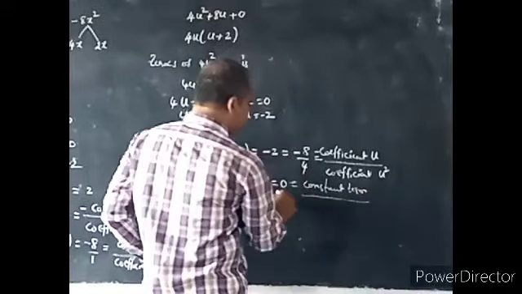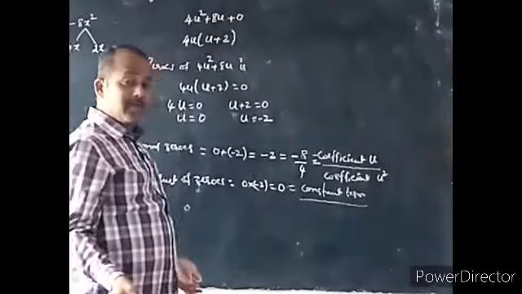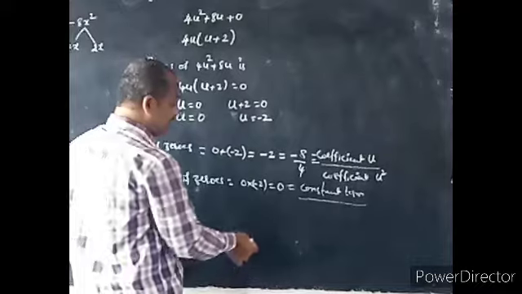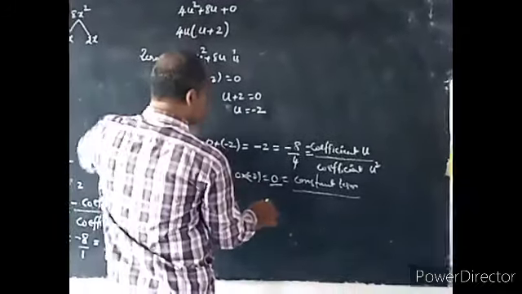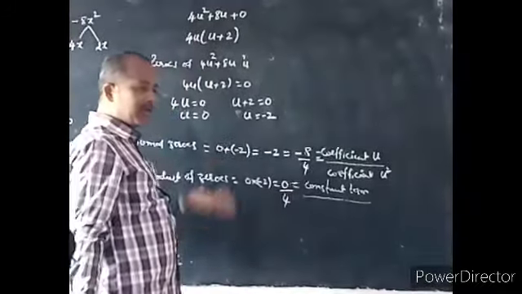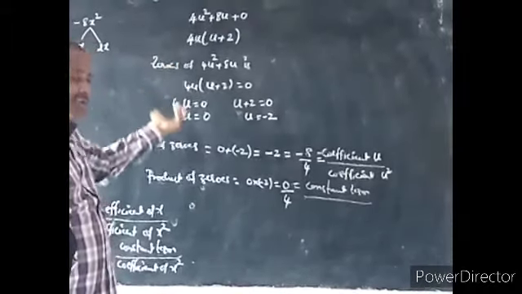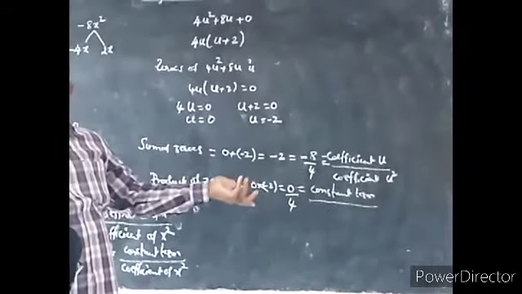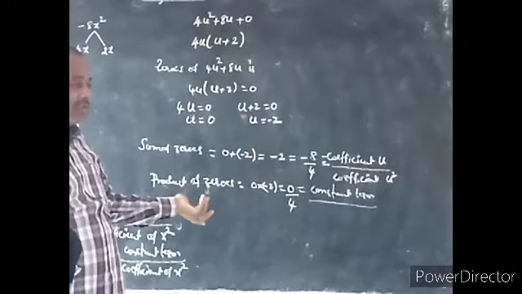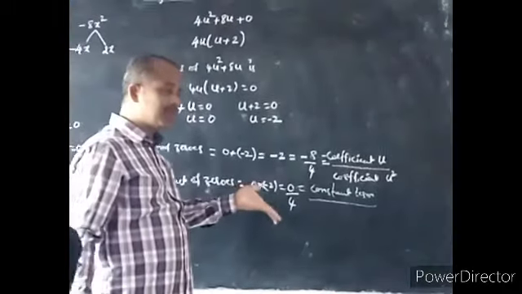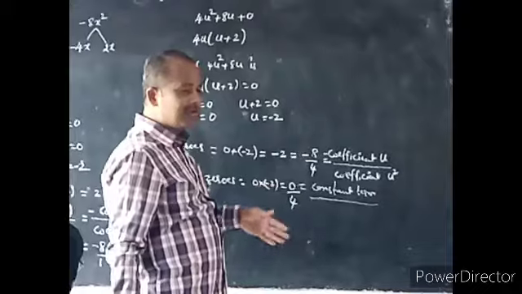by coefficient of x square. That means here u square. The u square coefficient is 4. Now 0 by 4 is how much? 0 only. 0 into any number is 0, and 0 divided by any number is also 0.